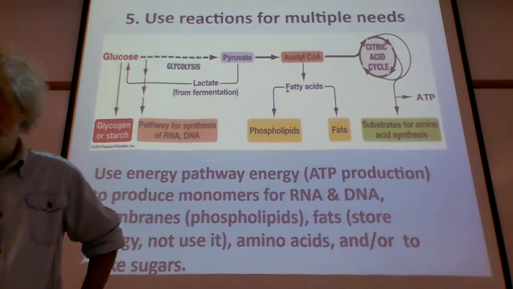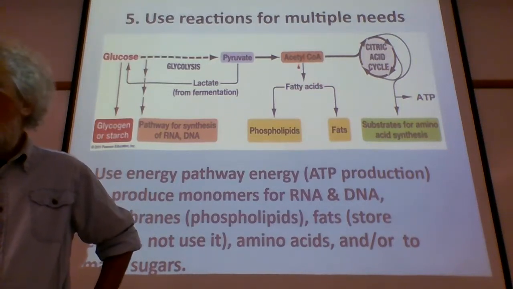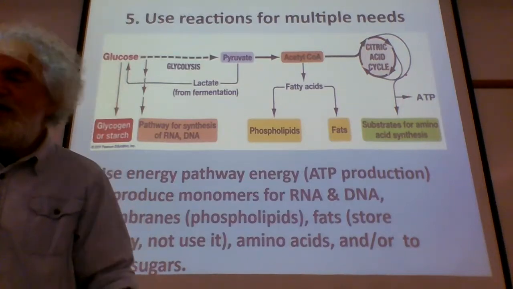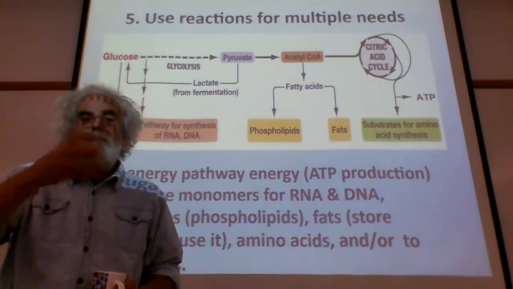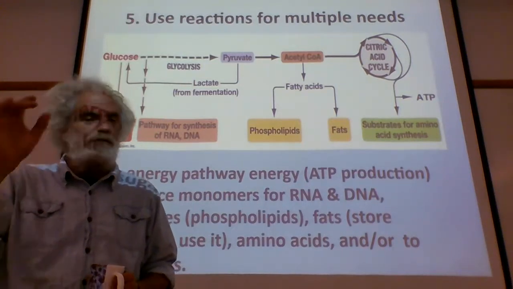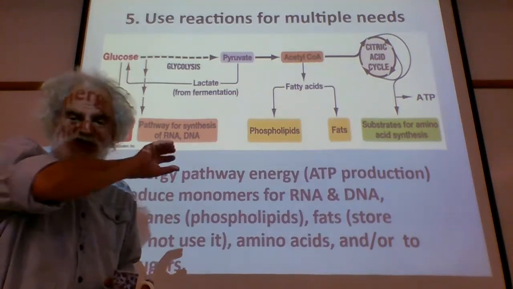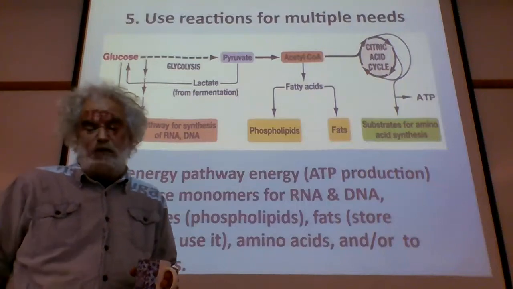We can make fatty acids 2 carbons at a time. We can also break them down. We have the citric acid cycle, Krebs cycle, and each one of those intermediates along that Krebs cycle can be used as branch points for making a bunch of different amino acids, lots of things. So it is not just a simple sort of breakdown. It is a complicated thing depending on what the organism needs.